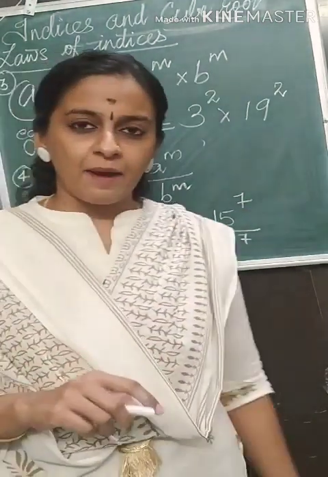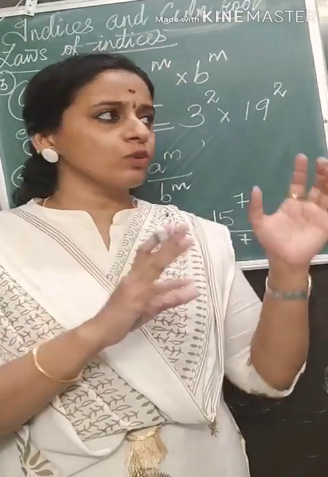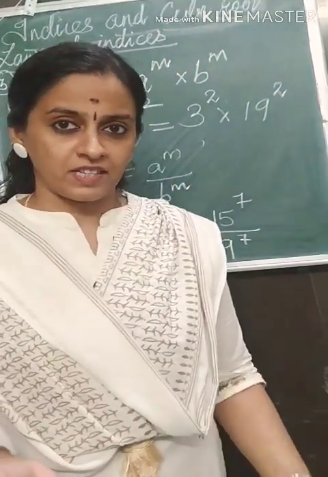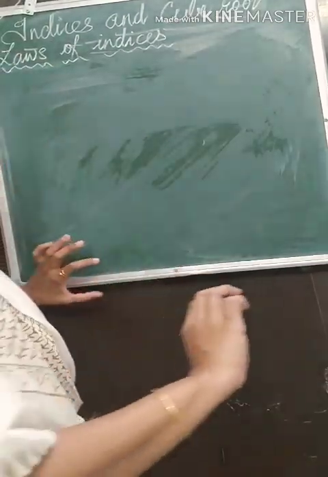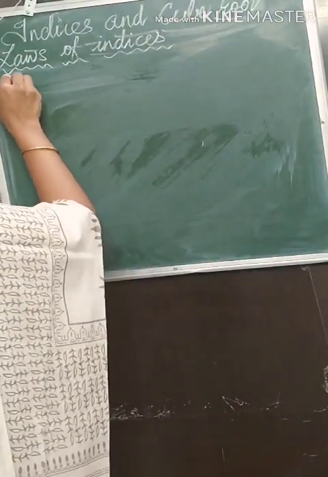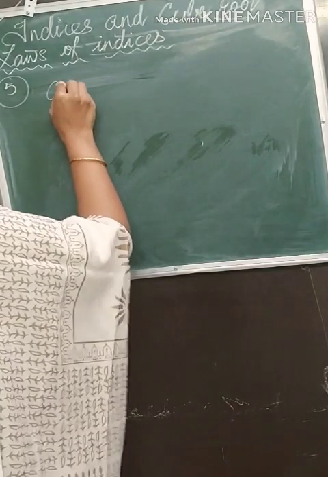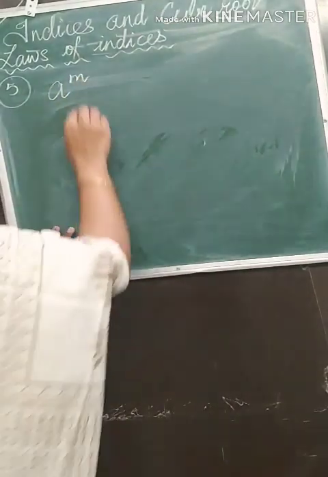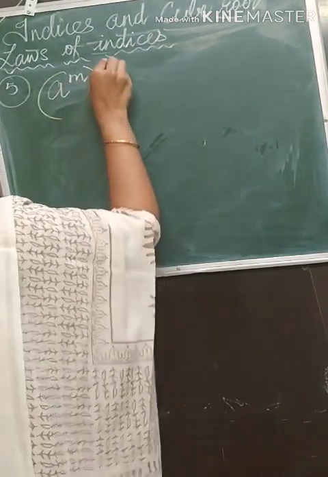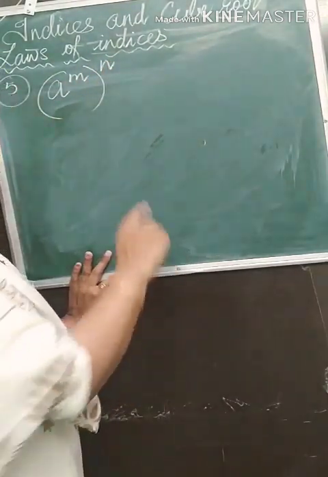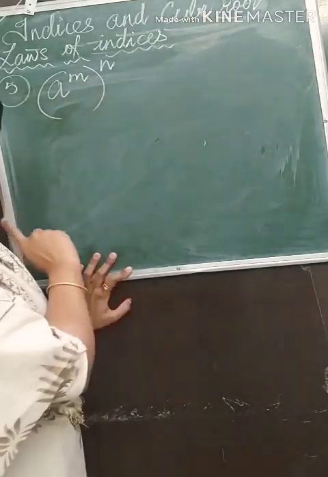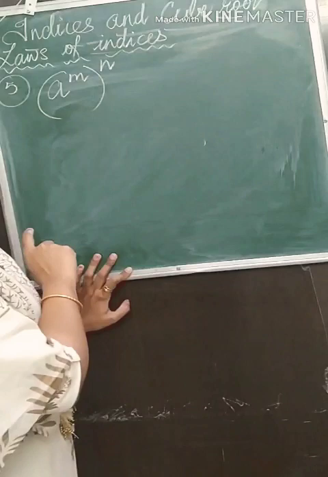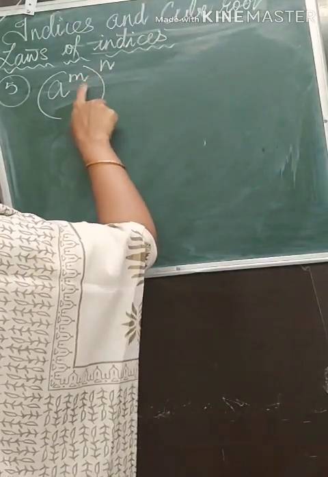So in the exam, you can expect they will give you such questions and they will ask you to apply the laws of indices. Okay, the 5th law of indices is this way. If you have A raised to M and the whole raised to another index, a number raised to one index and that whole thing raised to another index, so here you have 2 indices.